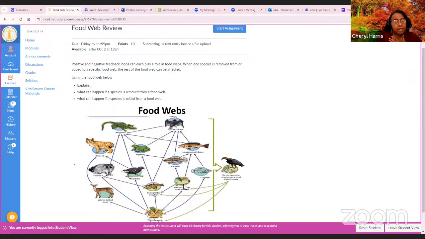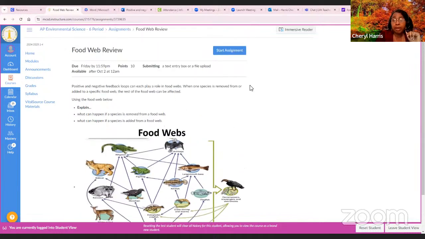Sometimes in an environment, another organism comes in and it feeds on the things that were there. How would that affect the ones that are already there? We call those an invasive species. If you add a species that's not normally there to this food web, name the species and, looking at the organisms that are here, explain how it would affect this food web. Each of these is worth 5 points.